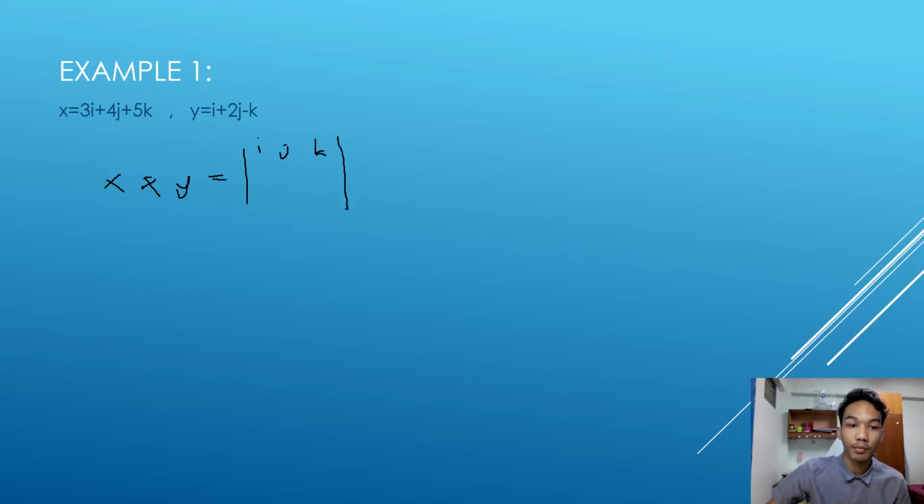First, we must put the first vector, x, which is 3, 4, and 5. Second, put the second vector, y, and we get 1, 2, and minus 1. And then we need to arrange it.